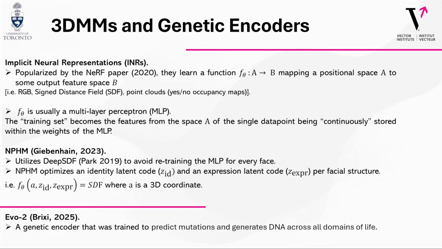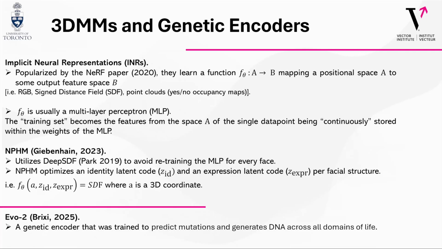We lean into implicit neural representations for the face, and I'll try to go through this theory a bit, without boring everyone. There's a lot of work being done in implicit neural representation for images, mostly popularized by the NeRF paper. The idea is you learn a function, just like any machine learning model, that maps a space A to a space B. Until now, nothing special, except that the space A is a positional space.